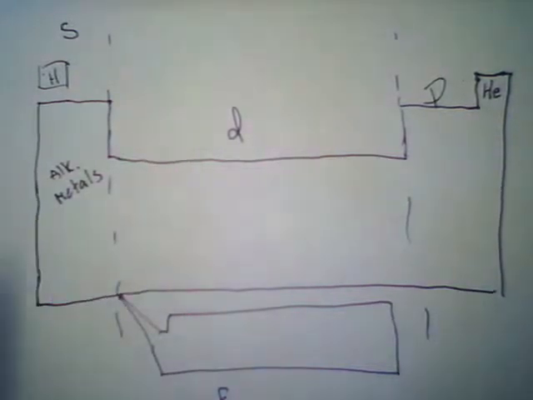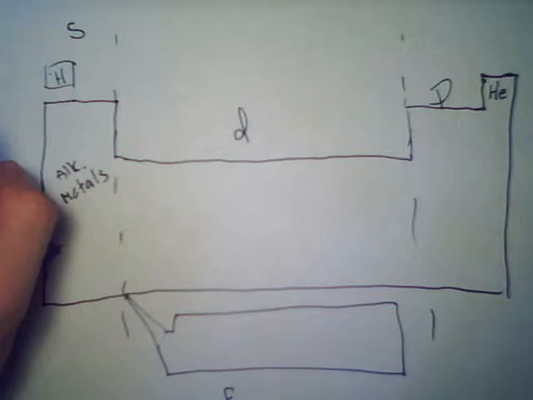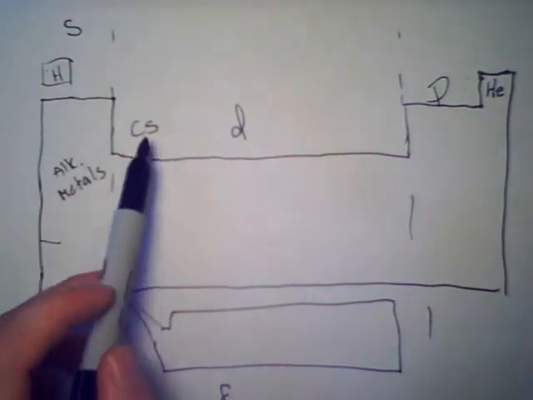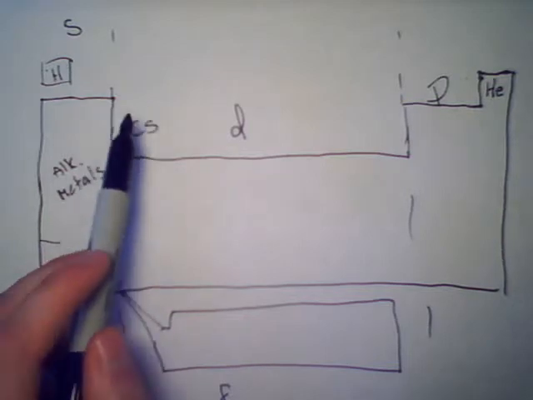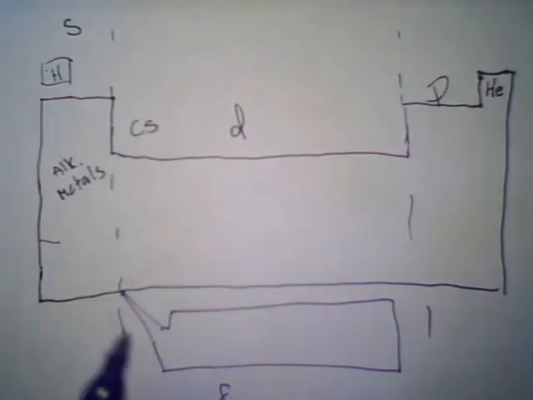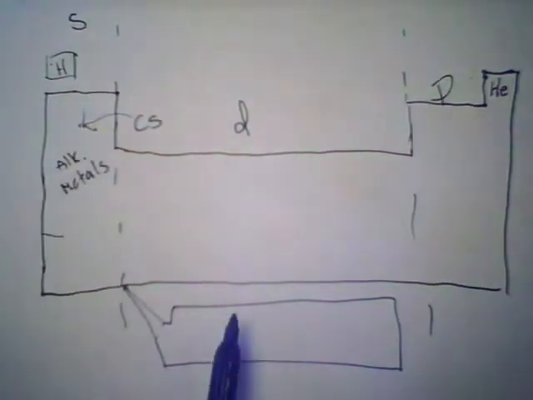The most accurate clocks in the world, the atomic clocks, are made out of cesium, which is, I think, Cs. Yeah, Cs. So the most accurate clocks in the world come from these guys. So cesium belongs in this area, by the way.